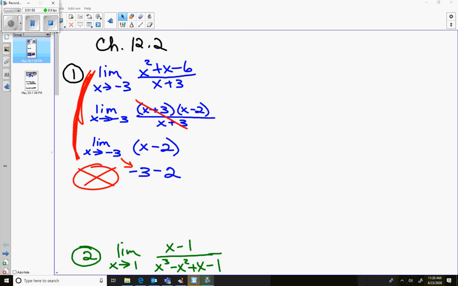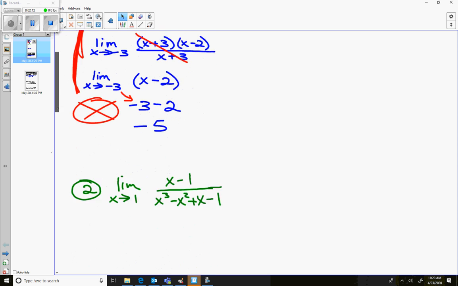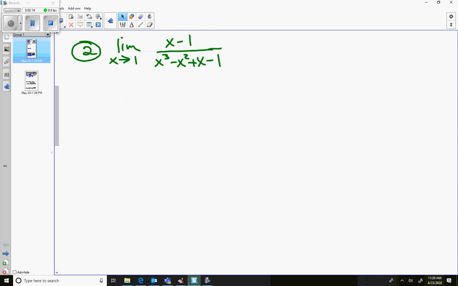Does not belong. So for this problem, what is the limit as x goes to -3 of this function? The answer is -5. So that would basically be our first, I guess, idea, something to look for, factoring.